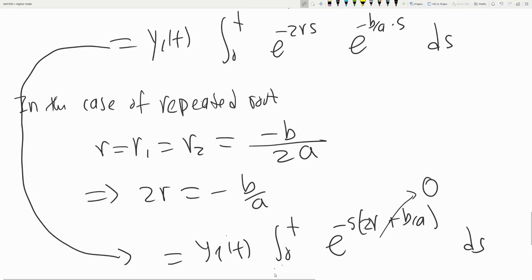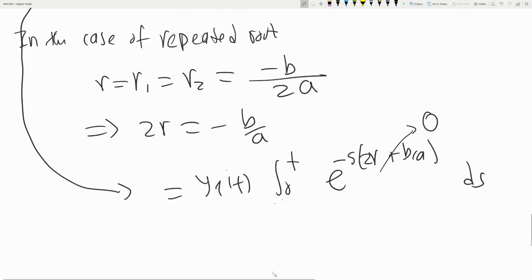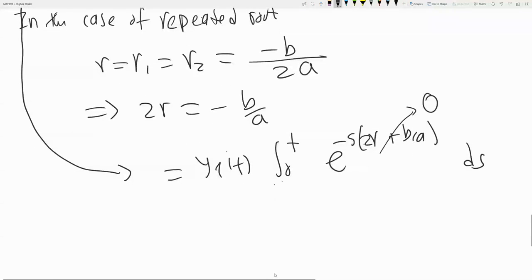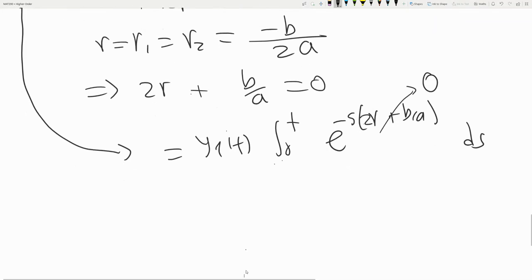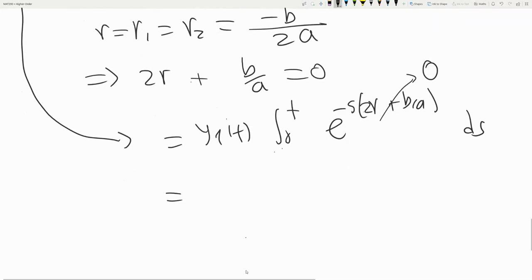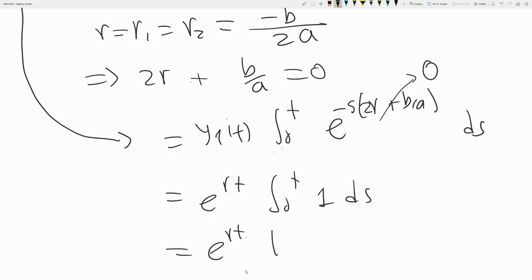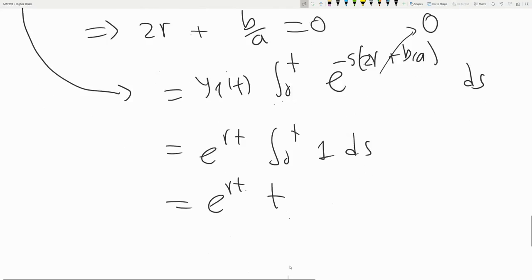Okay. Let me make it clear here. So it's plus and it's 0. All right. So this is e to the rt and then the integral from 0 to t of 1 ds, which is t, so y_2 is e to the rt times t. Okay.